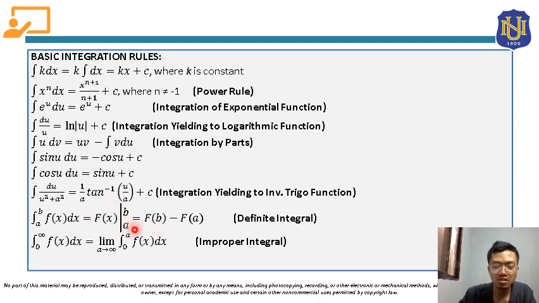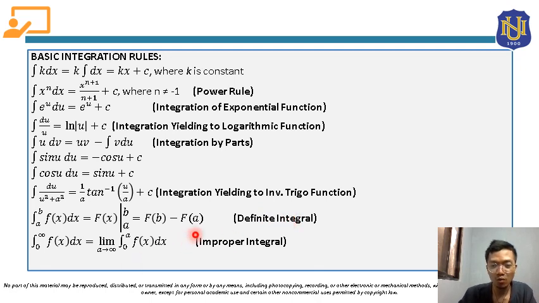We will substitute the upper limit b to all the variable x, giving f of b, and then minus the result of substituting the lower limit to all the variable x for that same function, so we subtract that from f of b. The answer here will be definite.